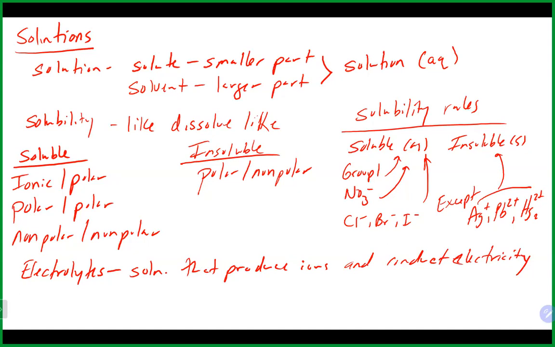There is a strong electrolyte, and a strong electrolyte will 100% break apart into ions. So if you have a strong electrolyte, you will not have any of the whole units together. They will really 100% break apart.